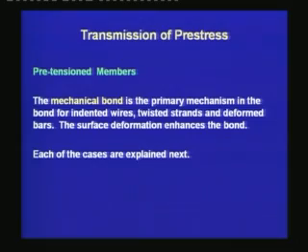Thus, out of the three mechanisms, the adhesion, the mechanical bond, and the friction, it is the mechanical bond which is usually the primary mechanism of bond. Now, to enhance this mechanical bond, the surface of the steel is provided with some deformations so that the bond between the steel and the concrete is better.